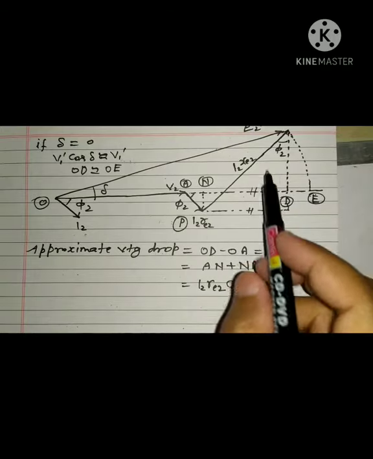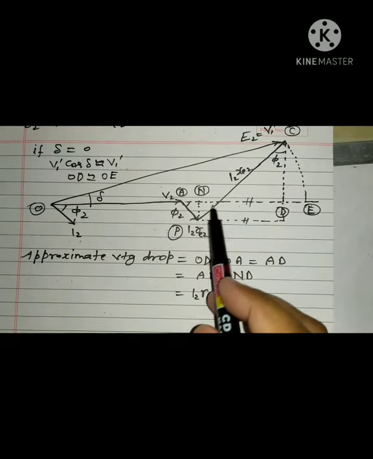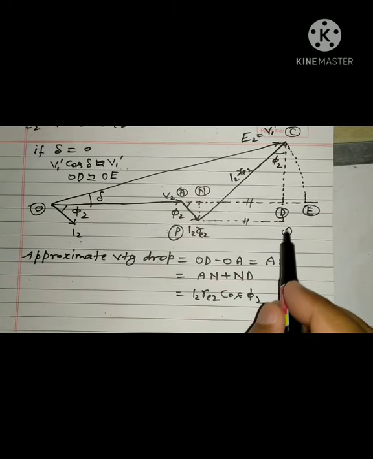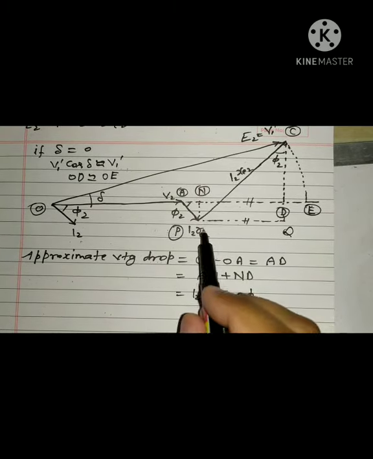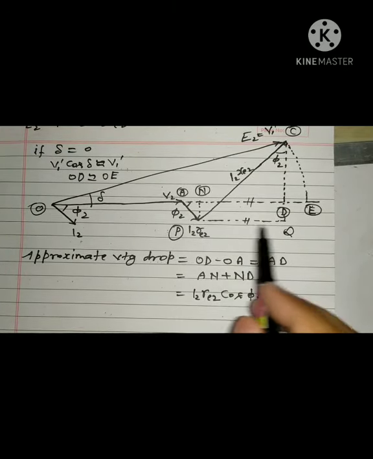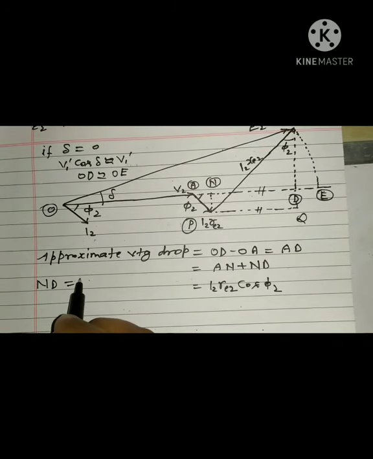And what will be ND? For ND I will take this triangle CPQ. ND is nothing but PQ.